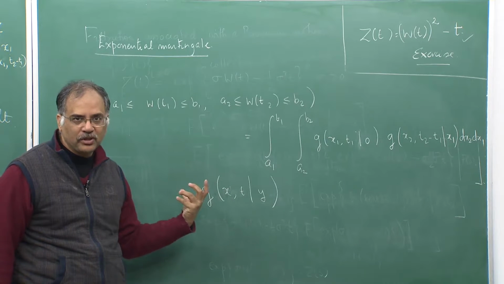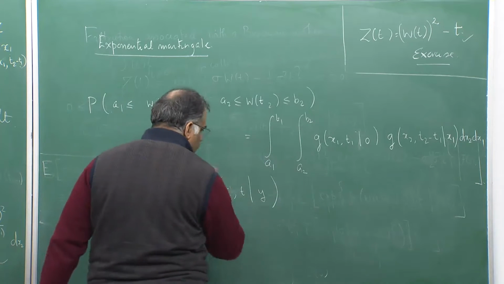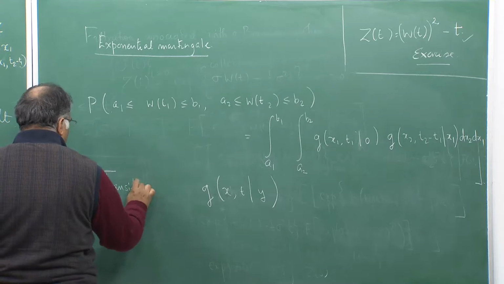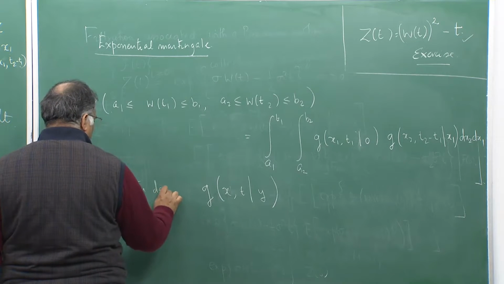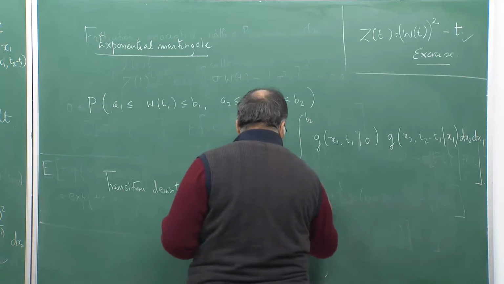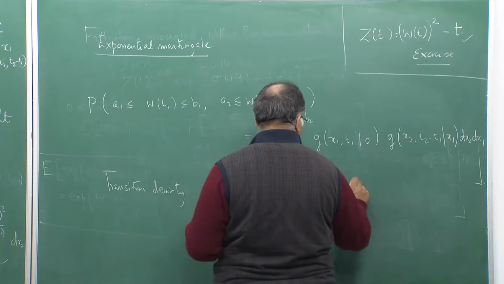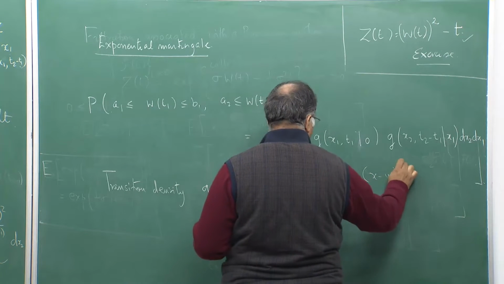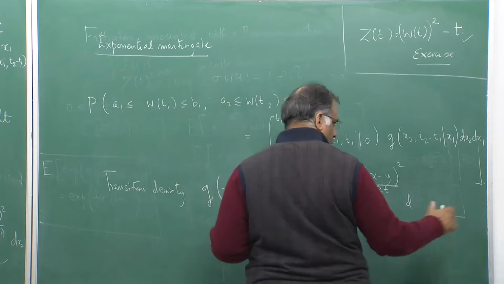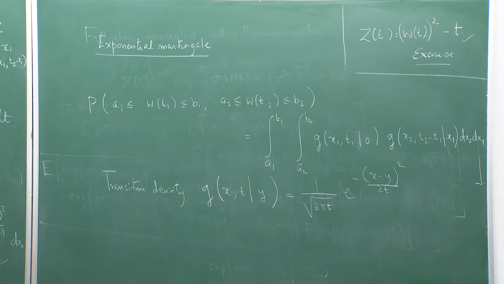What is the density function associated with that particular transition? So this is called the transition density, and that is given as 1 by root 2 pi t e to the power minus (x minus y) whole square by 2t. So this is my conditional density function.